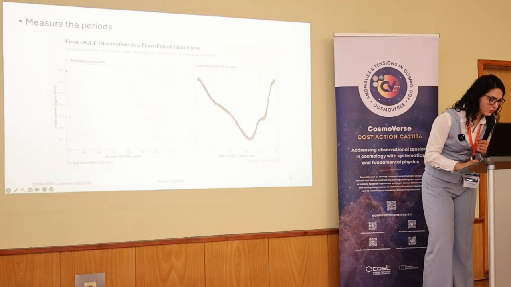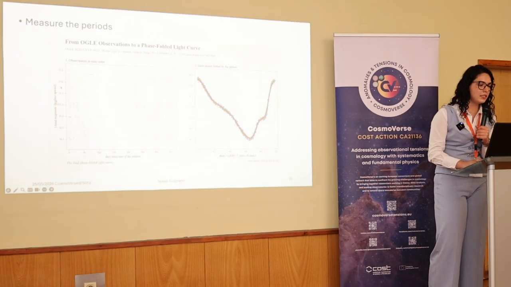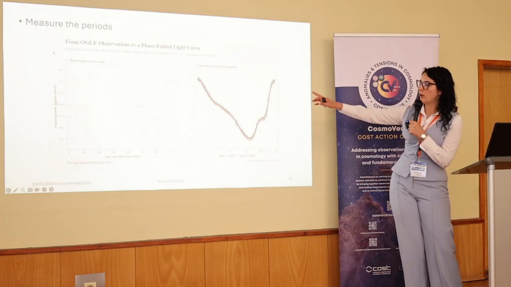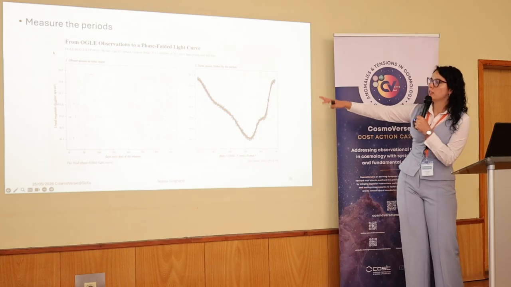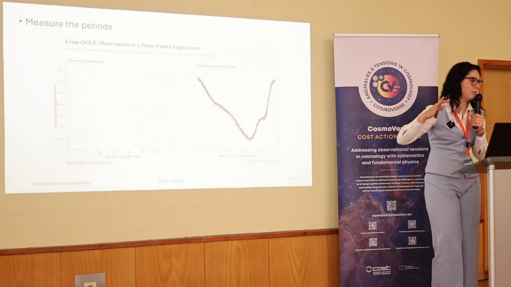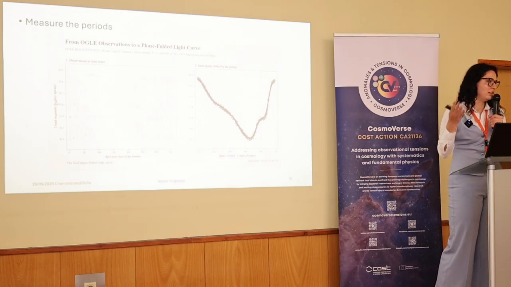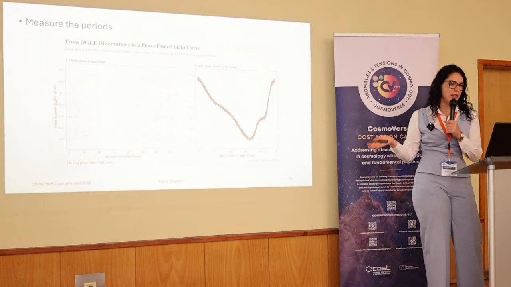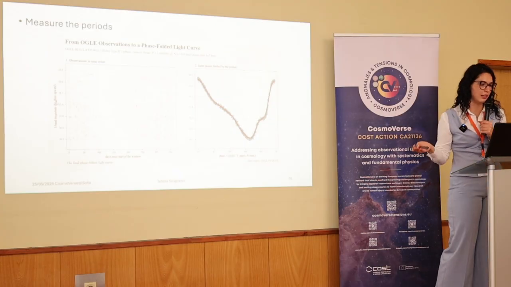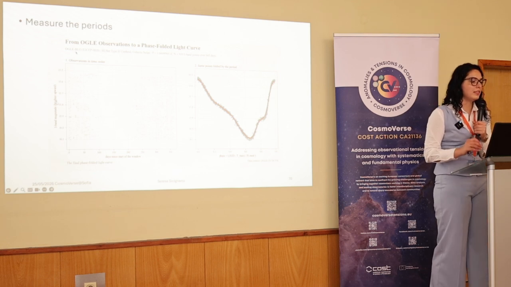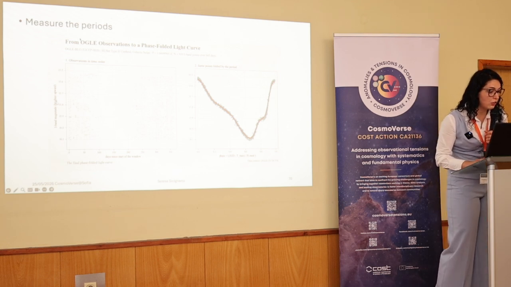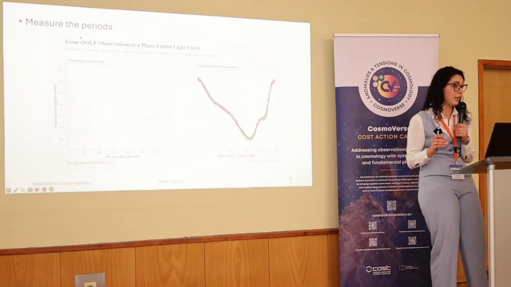First of all, here where you see that it is not observed is because of the day, of the sunlight, because we can observe only during the night. And you can also see that this star has a period of 1.6 days.